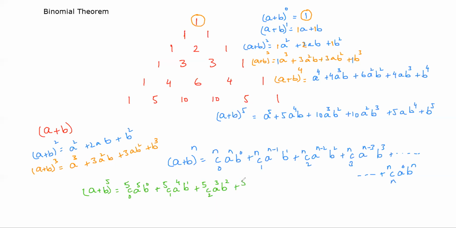Then you have 5C3, that is going to be a squared and b cubed. Then you have 5C4, there is a raised to power 1 and b raised to power 4. And finally, this is 5C5, this is a raised to power 0 and b raised to power 5.